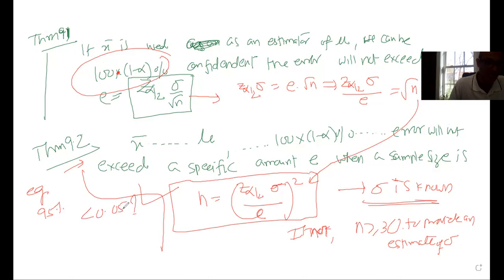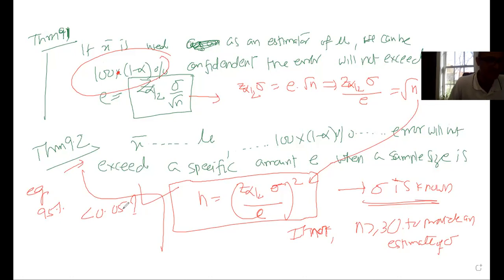How large a sample size is required if we are looking for a 95% confidence interval of nu? So we can go for n greater than or equal to 30 to provide an estimate of sigma.